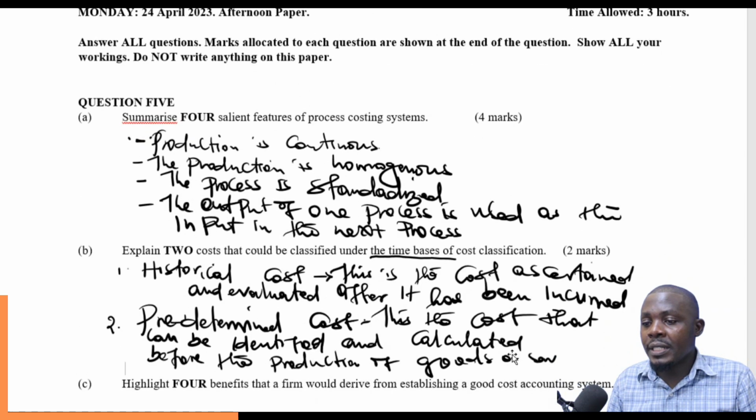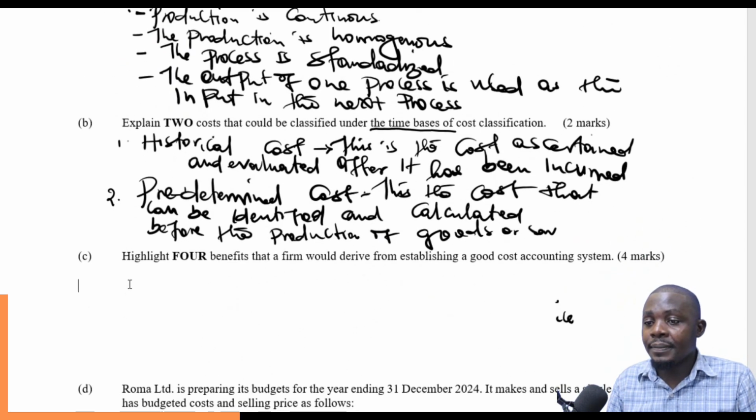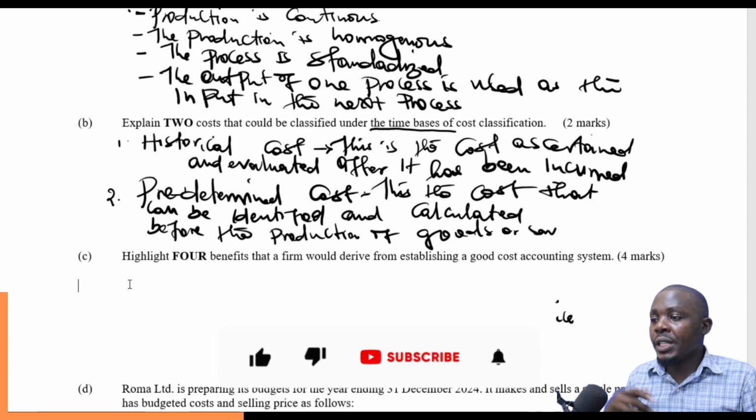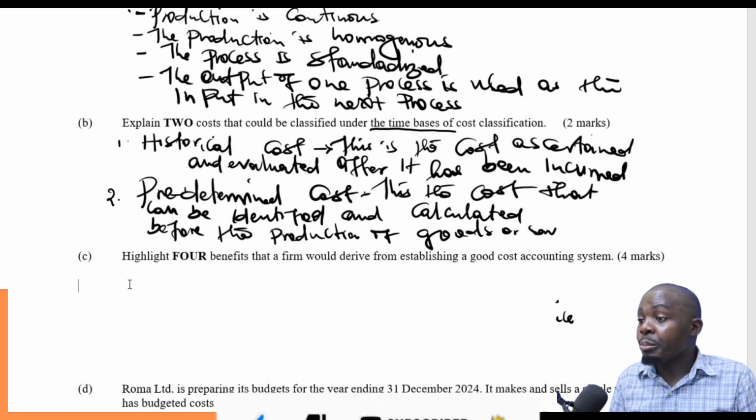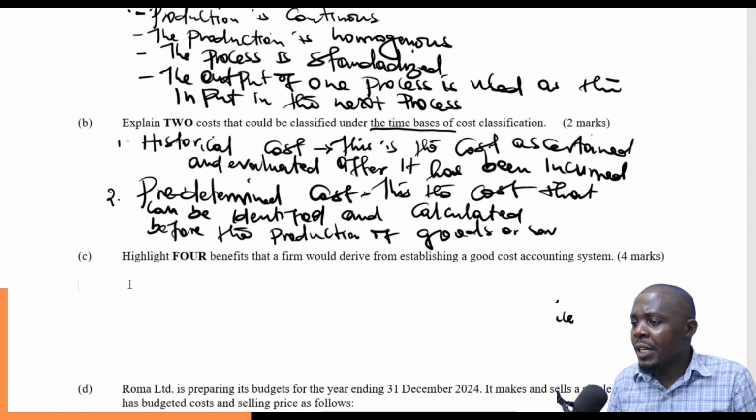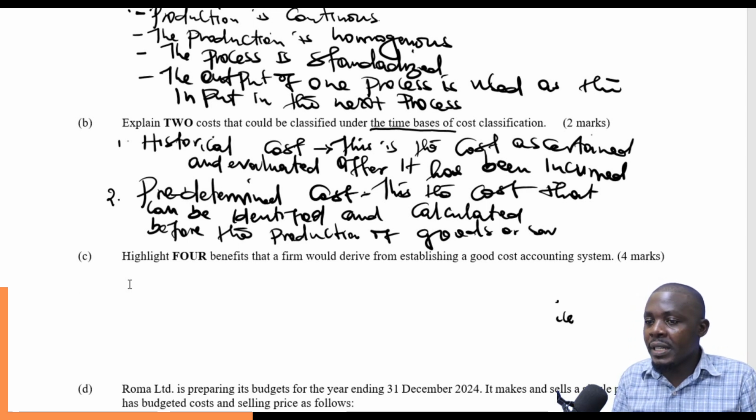Part C. We are told to highlight 4 benefits that a firm will derive from establishing a good costing system. In this case, we are just meant to highlight.